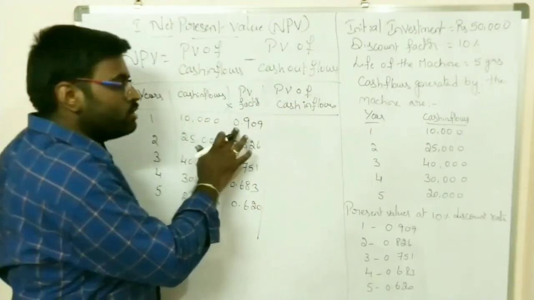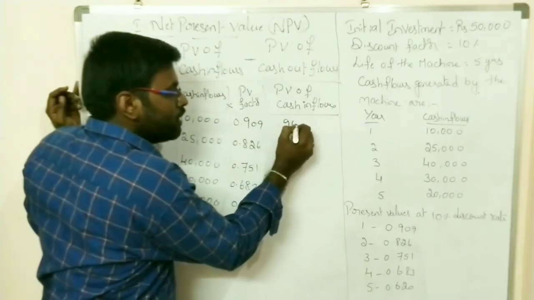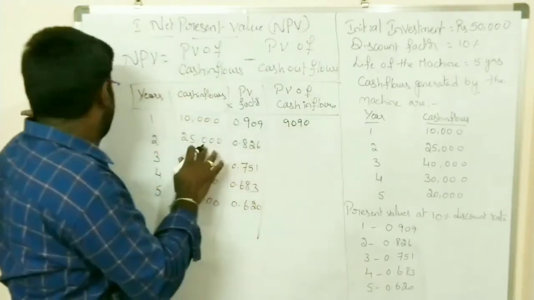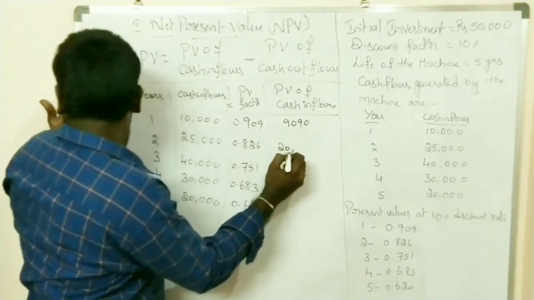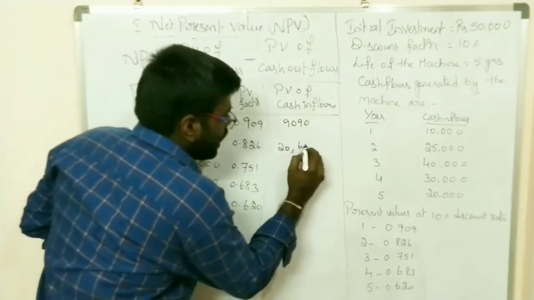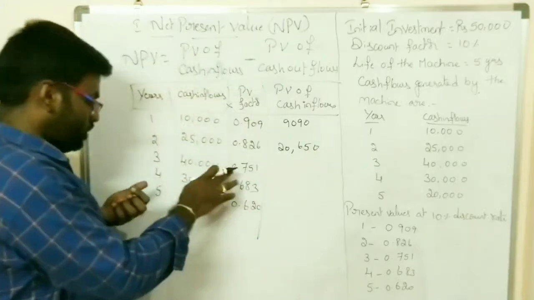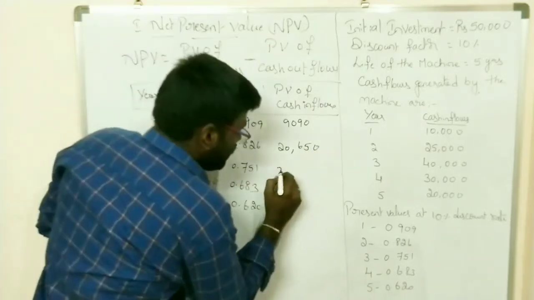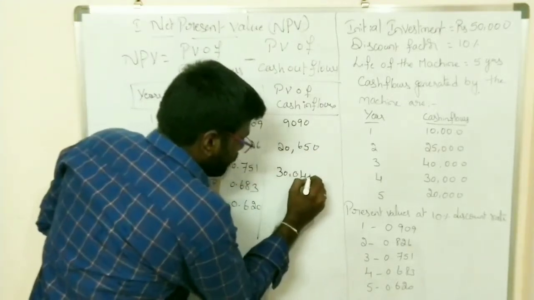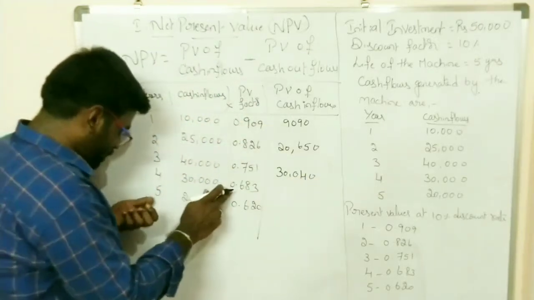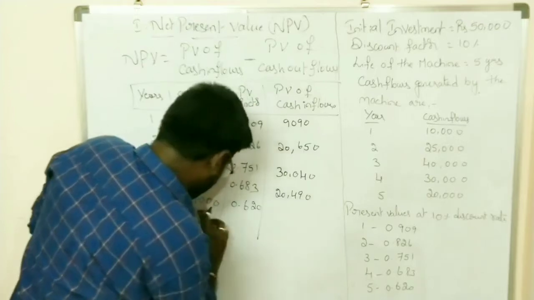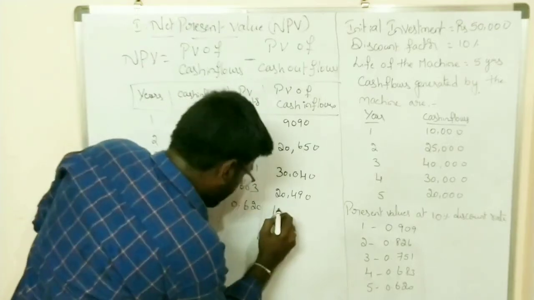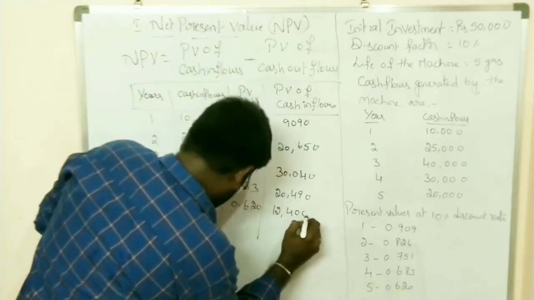So 10,000 into 0.909, you will get 9,090 rupees. 25,000 into 0.826, you will get 20,650. Now 40,000 into 0.751, 30,040, and next 30,000 into 0.683, 20,490, and 20,000 into 0.620 you will get 12,400.